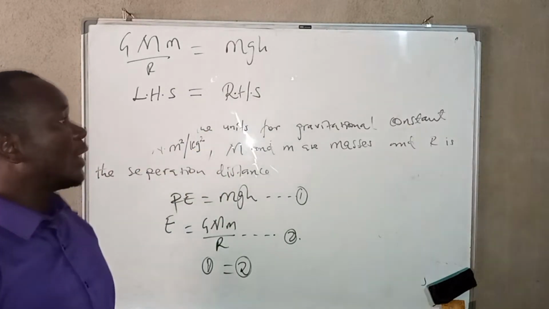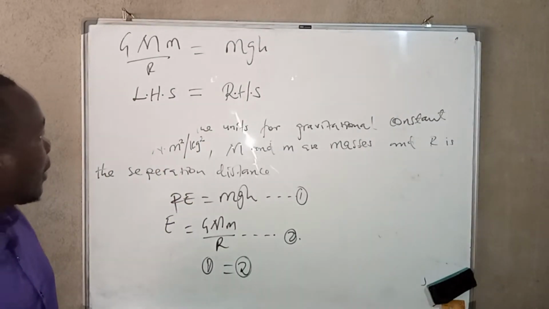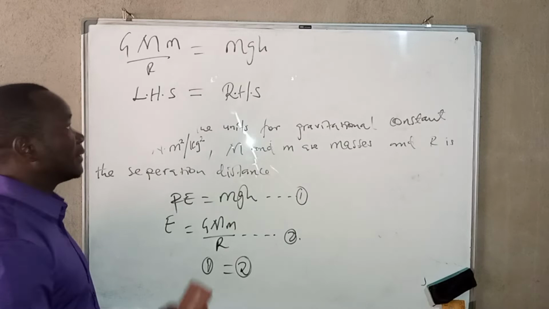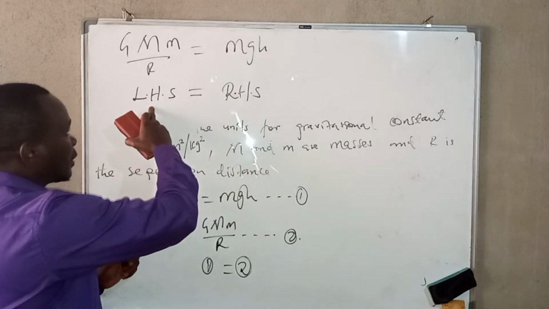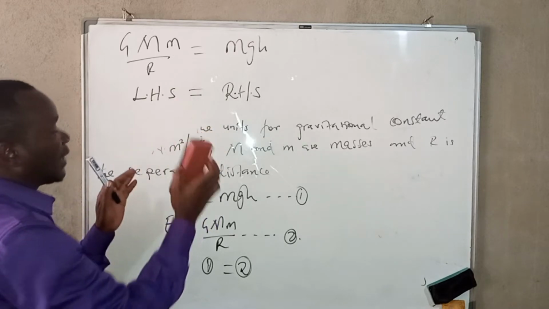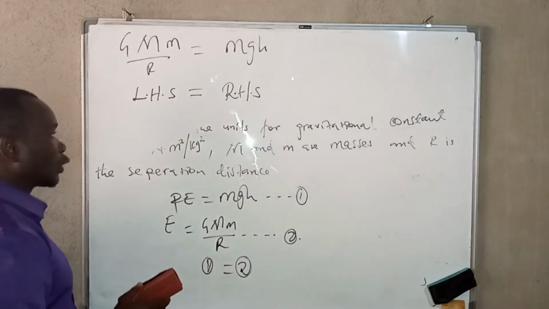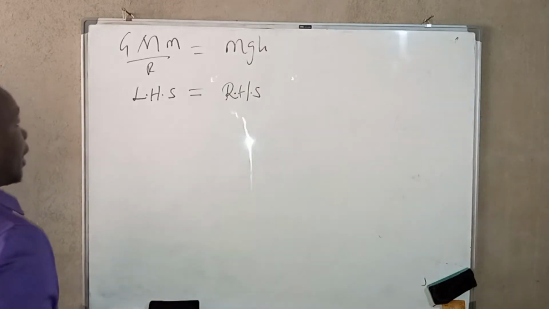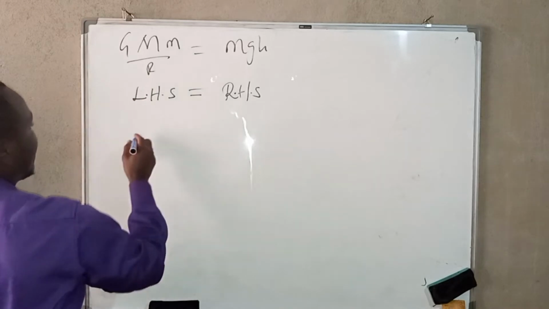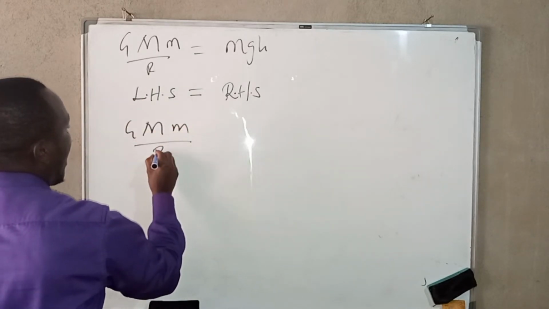At the end, we are going to indicate the dimensions for each side. If this is equal to this in terms of dimensions, then we can say the equation is dimensionally consistent. So let us begin with the left. We have G M m over R.